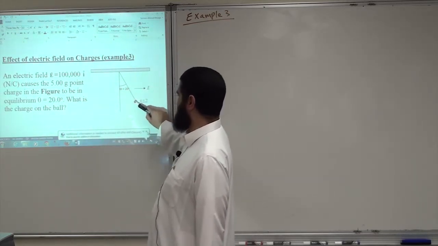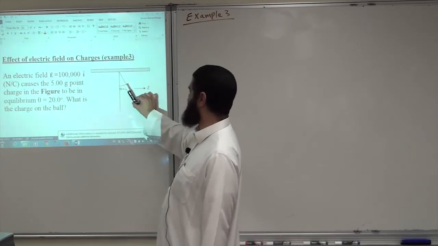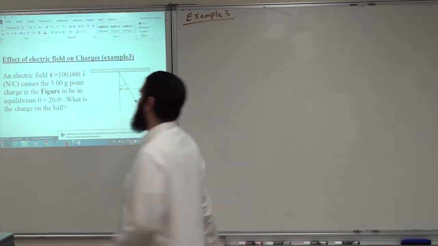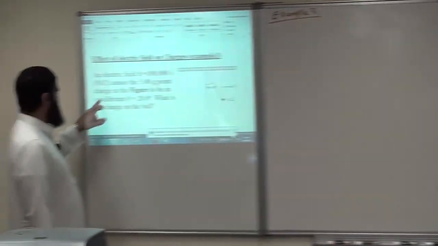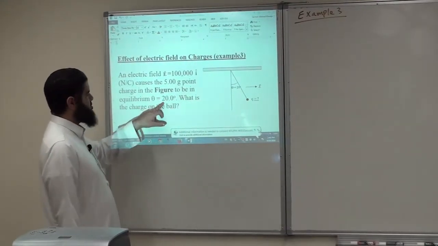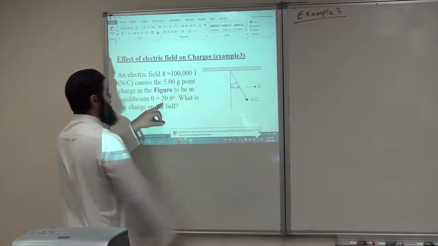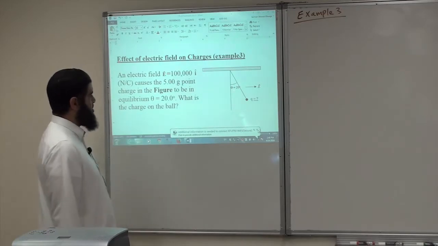It doesn't move up nor down, it is just still sitting there, and the angle at which the equilibrium takes place is 20 degrees with the vertical. What is the charge on the ball?